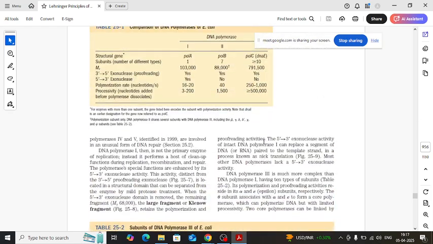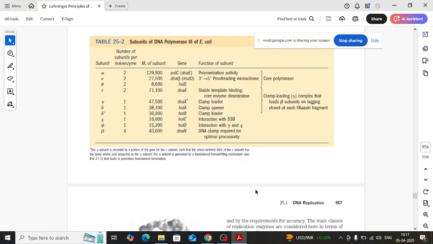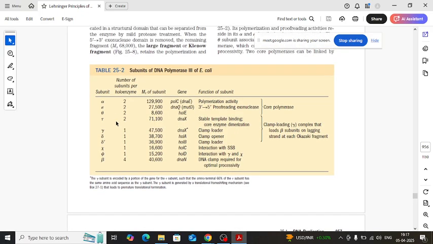And if you look at the bacterial DNA polymerases, there are three: Pol A, Pol B, and Pol C. If you look at the subunits of the DNA polymerase of E. coli, it has the alpha subunit, epsilon, theta, tau, and some others. These are the main subunits.